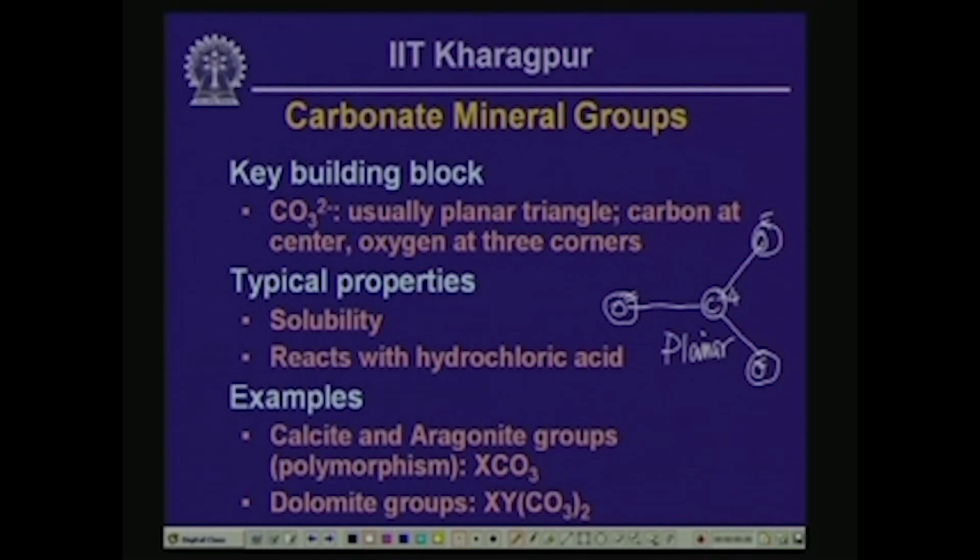Now what are the typical properties of the carbonate group of minerals? One very important property is varying degree of solubility. It solubilizes in water to a varying degree. It also reacts with mild hydrochloric acid. So these are the two key properties of carbonate group of minerals.